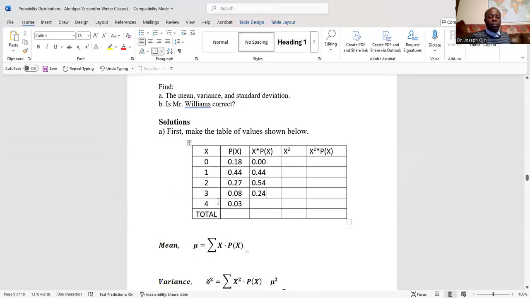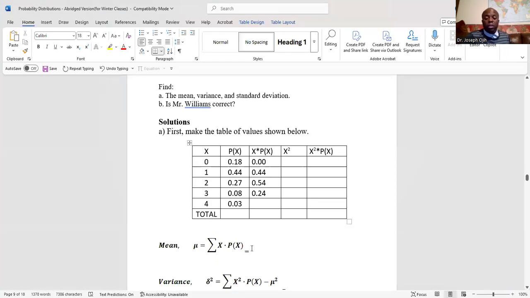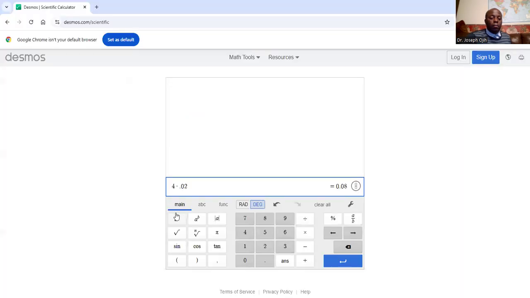And the last one is 4 times 0.03, which is 0.12.